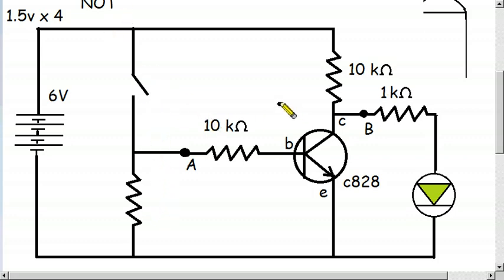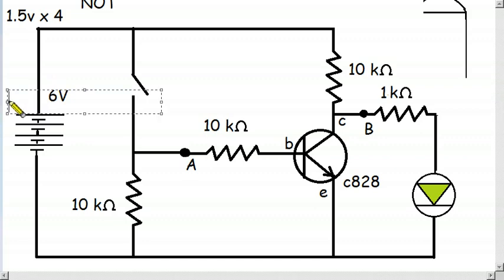You can use the same value, 10 kilo ohm, for this to ground the base of the transistor. So this one is the switch. When you put on the switch, this base becomes high, because this line is connected to the 6 volt positive side of the battery.